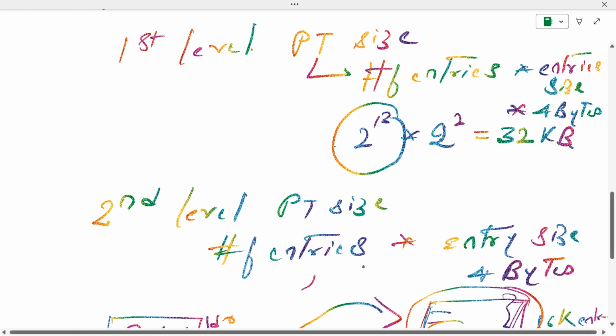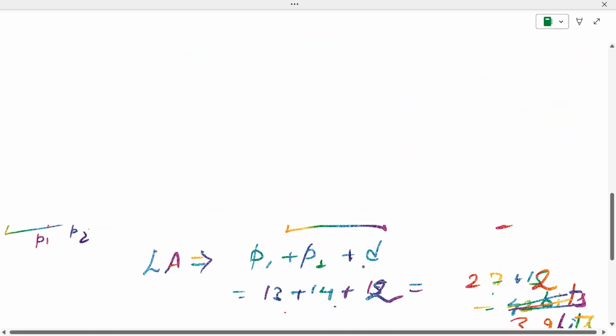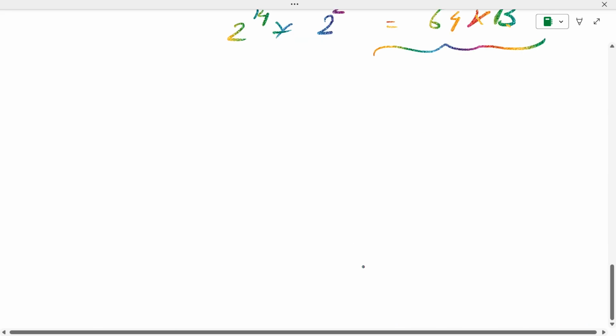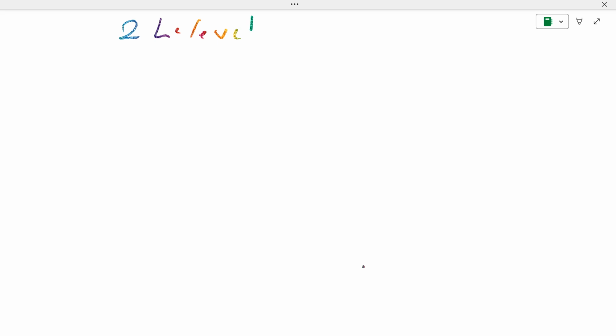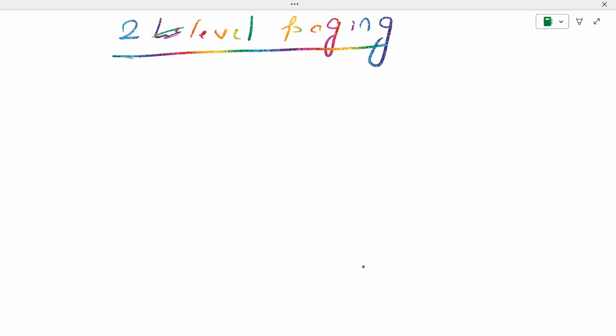So this is the way we do multi-level paging. The important thing I wanted to discuss here is the performance of two-level paging. When we introduce two-level paging, what is the total access time? Let's say we are using it without TLB.